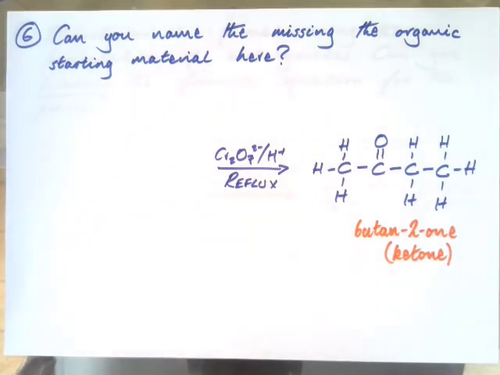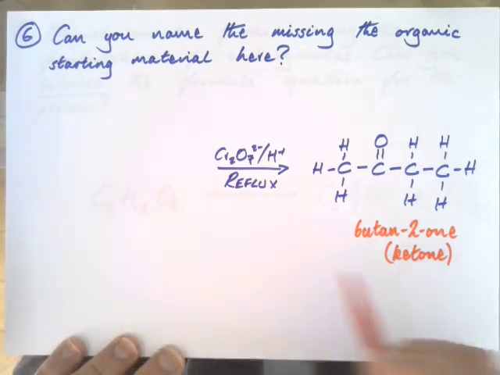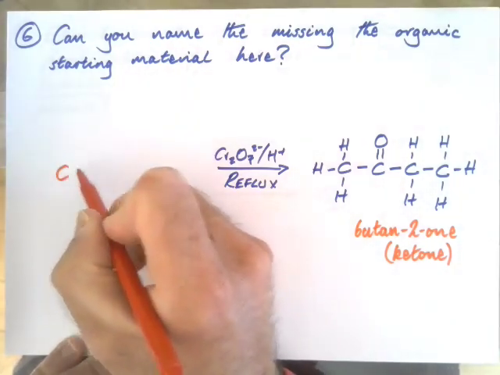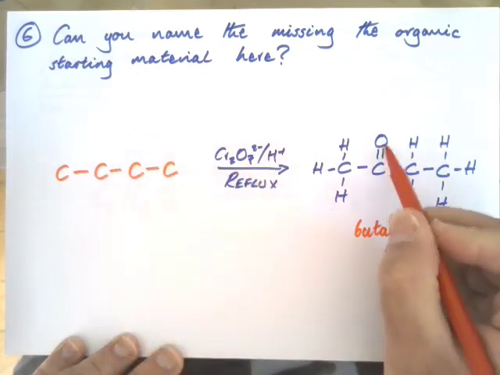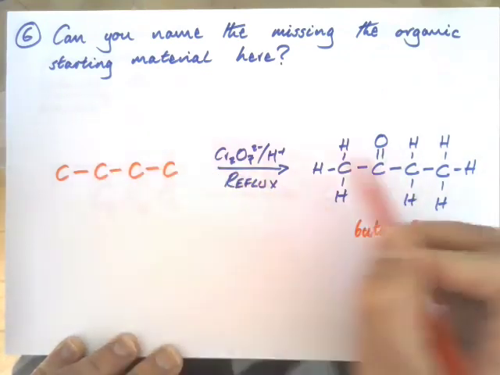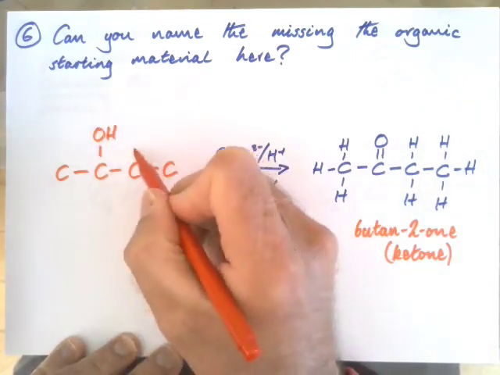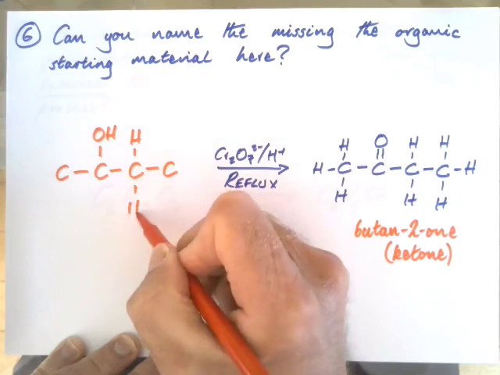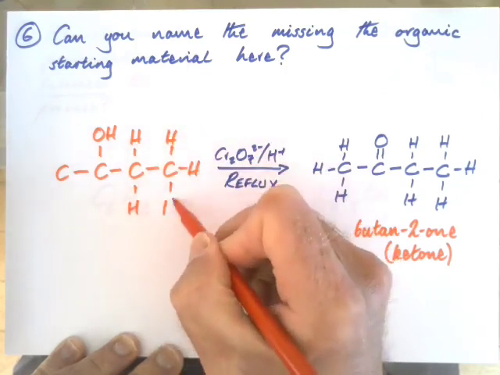Okay, did you find this in your poster? What we've got here, to make a ketone, we need to oxidize a secondary alcohol. So there's where the OH was. So we need the OH here, and the rest should all be hydrogens. But we have to name it, remember?